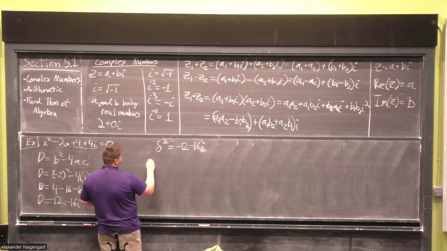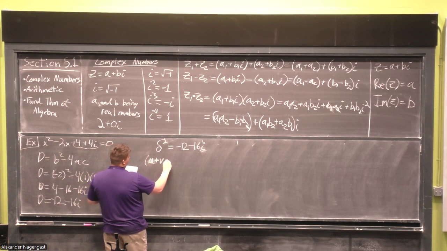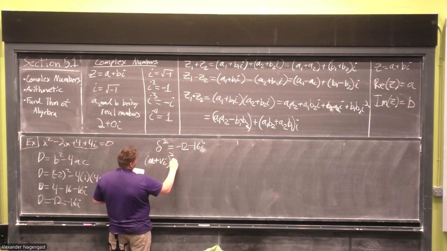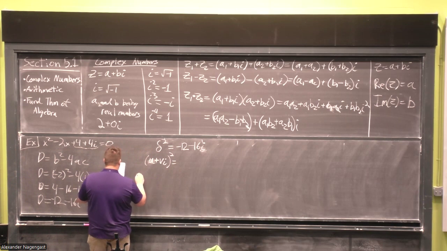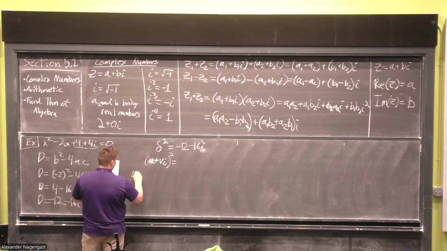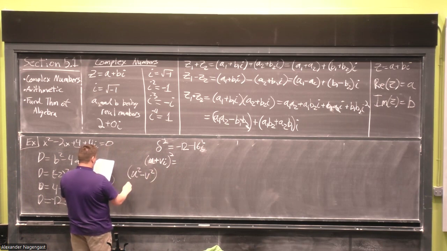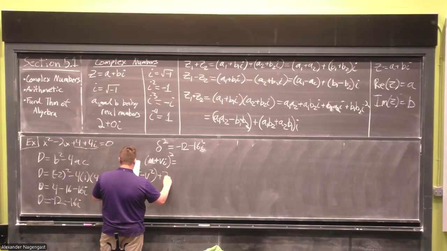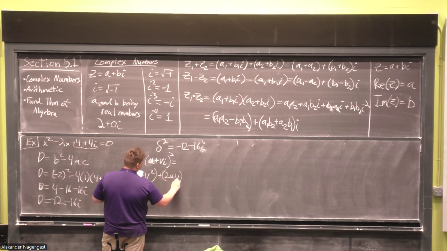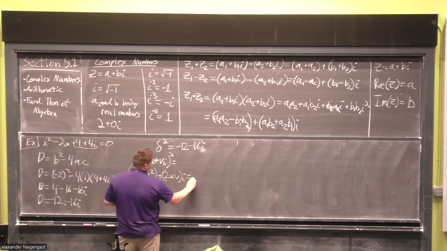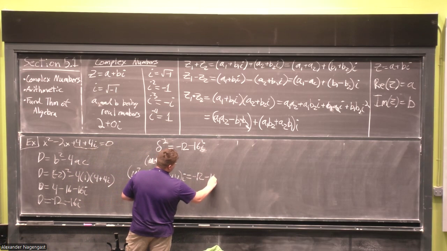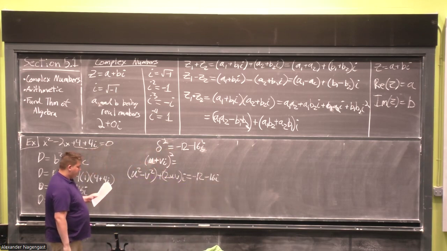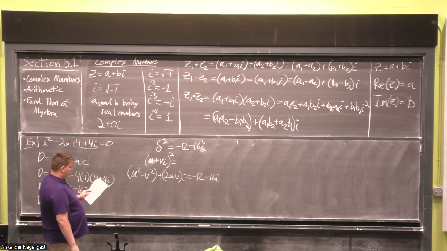So let's do, we already used a, so let's do u plus vi is equal to delta. We're going to square that, which gets us u squared minus v squared, that's going to be our real part, plus 2uv, this is going to be our imaginary part. And this is equal to negative 12 minus 16i. So now we have two equations.